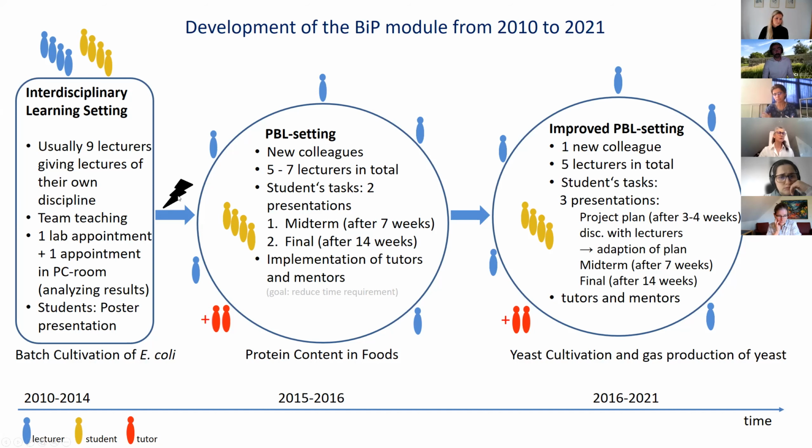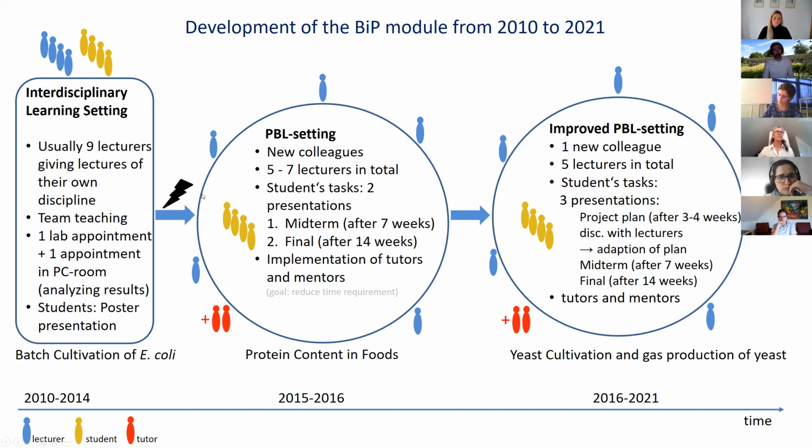But problems occurred in this setting due to only 2 teaching hours for all lecturers, which didn't reflect the time worked into the project. And second, we had differences of opinion concerning teaching methods and concerning the attitude towards students. And the result, we had disbanding of the team.